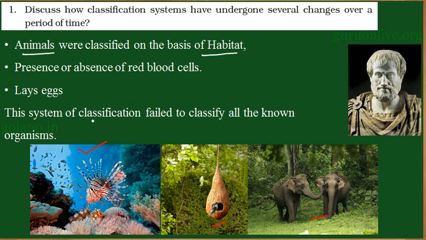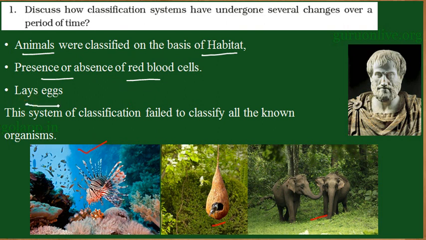The second characteristic to classify the organisms was presence or absence of red blood cells. We know that there are millions of organisms on the earth. Not all animals contain RBCs in their blood. There are certain invertebrates which do not contain RBCs. So based on the presence or absence of RBCs, animals were classified.